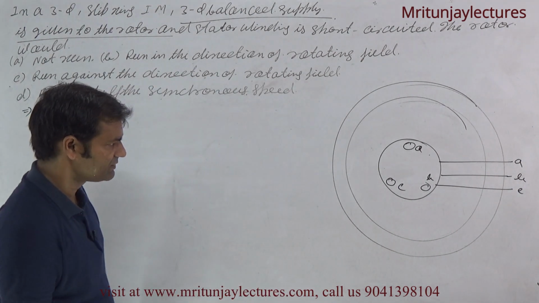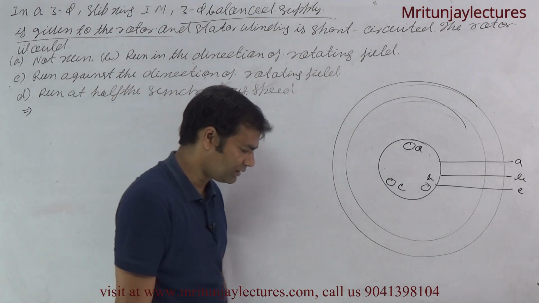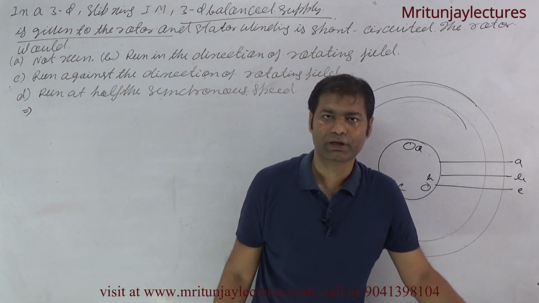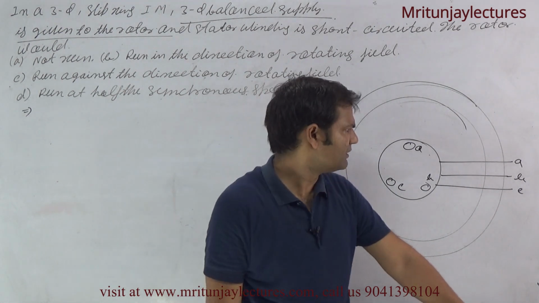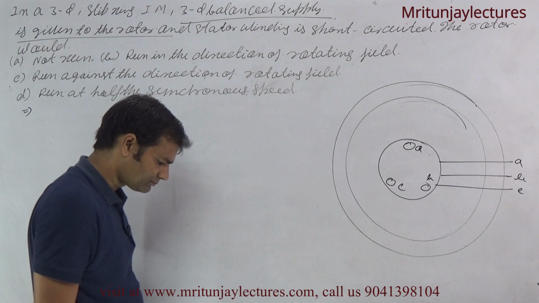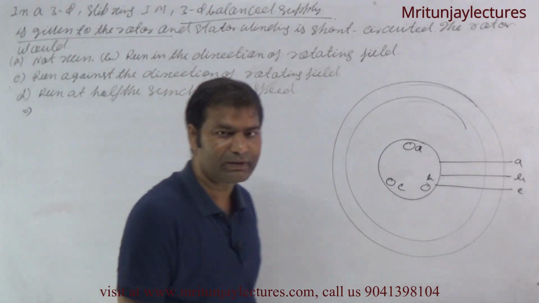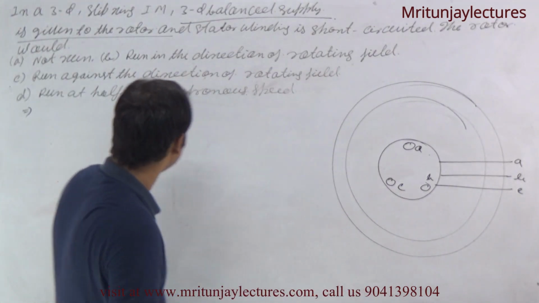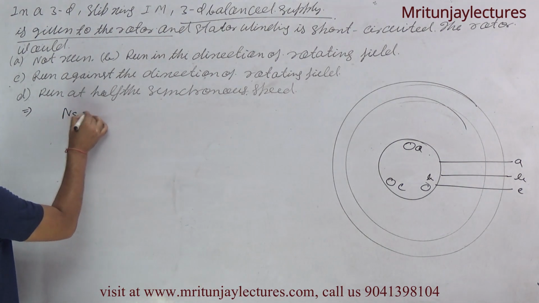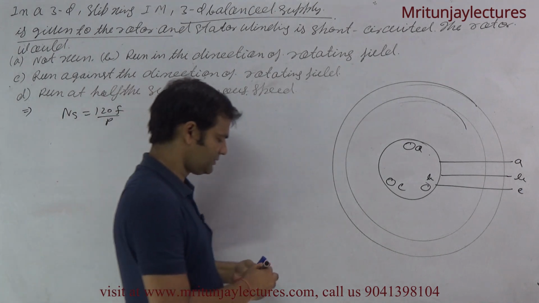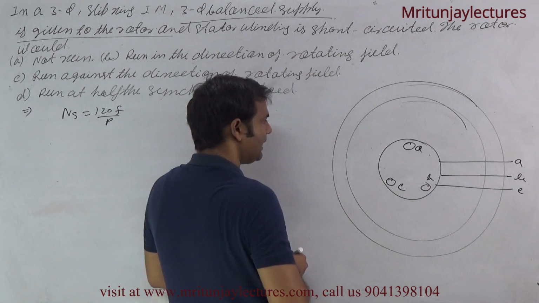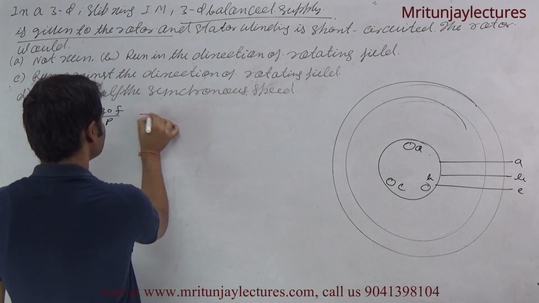If positive sequence current flows on the rotor, then three-phase balanced. Then the rotor magnetic field with respect to the rotor winding is NS, equal to 120 F by P. Clear? If you sit on the rotor, what about the direction? That is clockwise. Why?